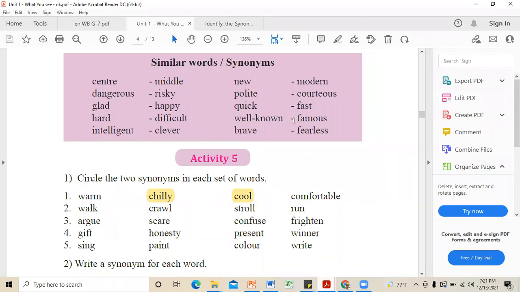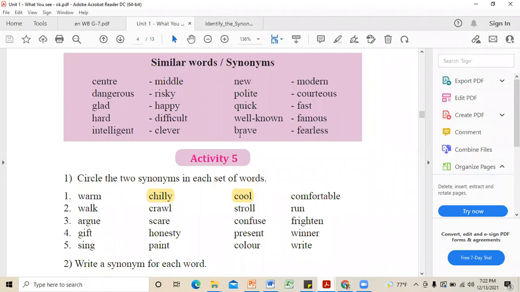We know famous singers, famous cricketers, famous actors. What we mean by famous is that many people in a society know them. Or else we can call it well known. And then brave.